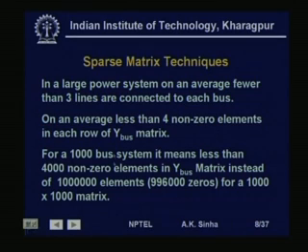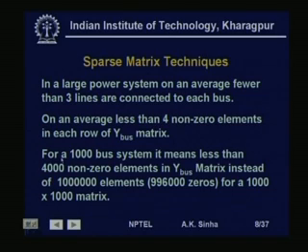That is, each bus will be connected to maybe 2 or 3 other buses in the system, which simply means that on an average less than 4 non-zero elements are there in each row of Y bus matrix. That is, Y bus matrix contains only 3 to 4 non-zero elements in each row.